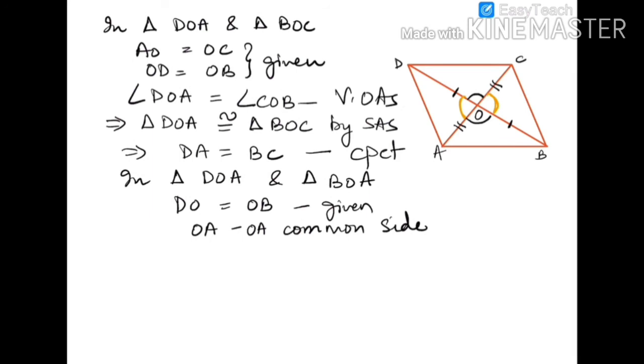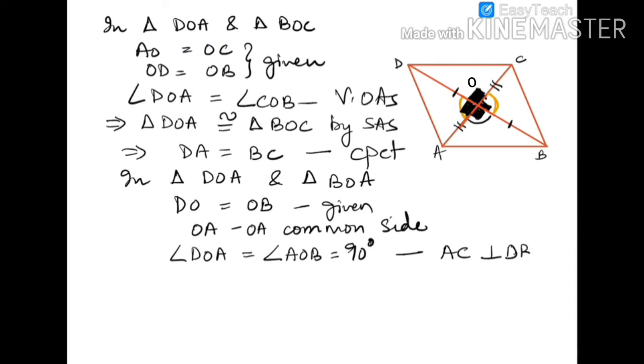And now we are going to use the second information given in the question, that the diagonals bisect each other at right angle. So angle DOA will be equal to 90 degrees and angle AOB will also be 90 degrees. Reason: AC is perpendicular to DB.